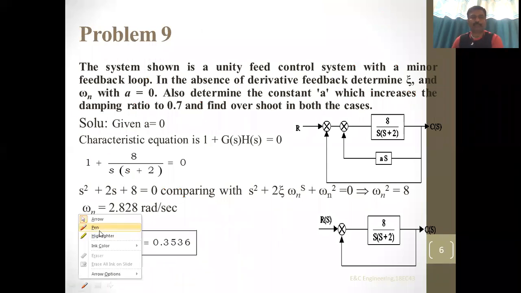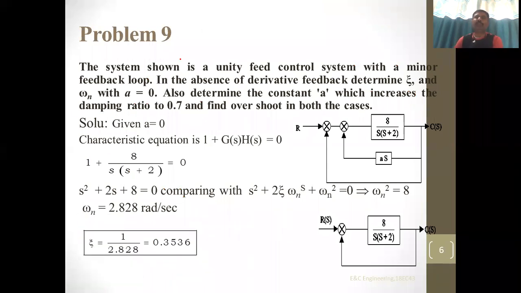Next, I shall move on to problem 9. Before I proceed, first let me understand the statement of the problem: what is given and what we are supposed to evaluate. The system shown is a unity feedback control system with a minor feedback loop.